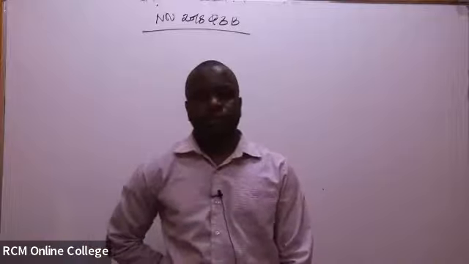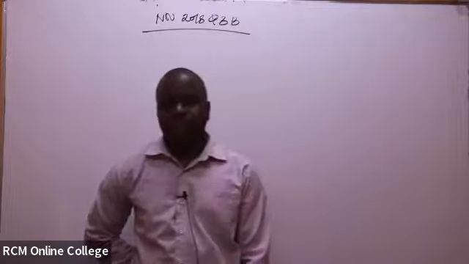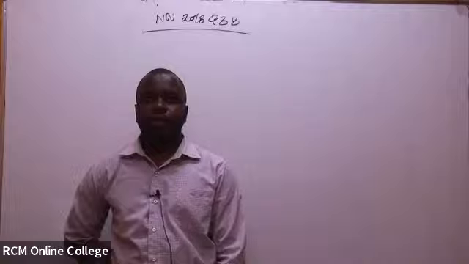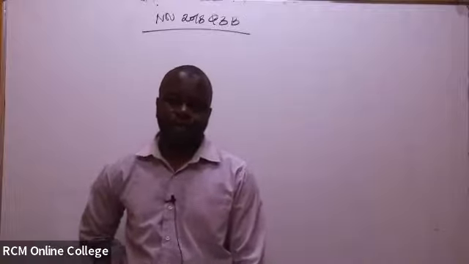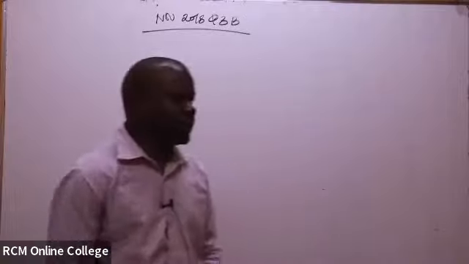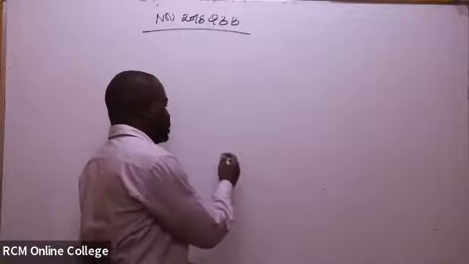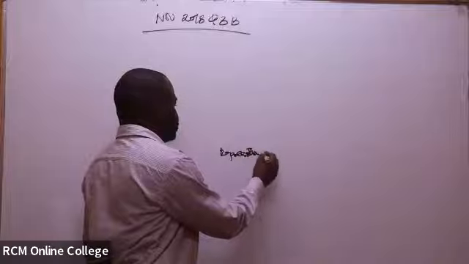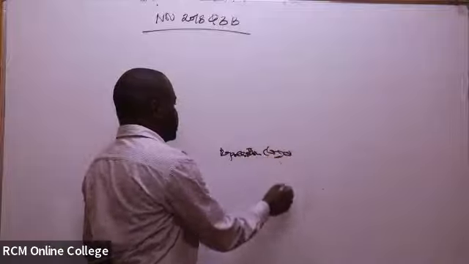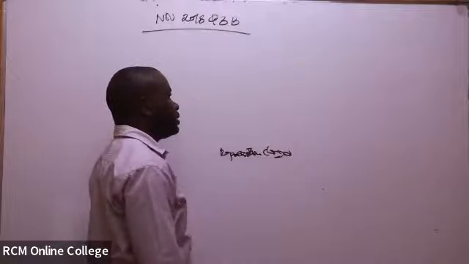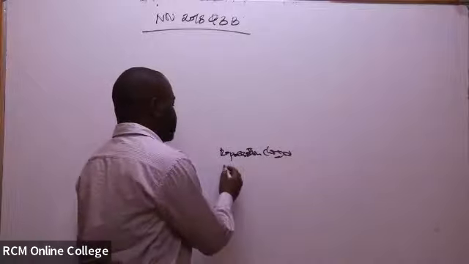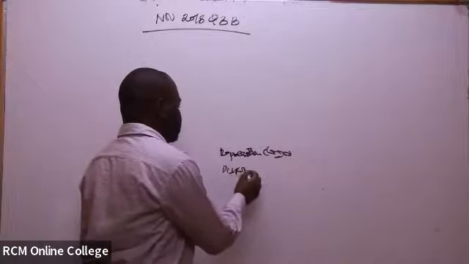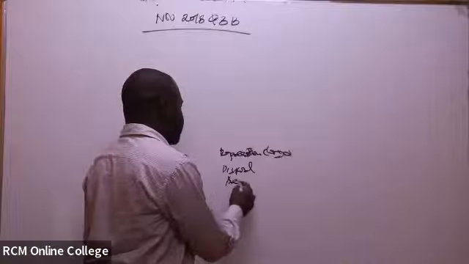So when you're talking about operating activities, we talk about depreciation that was charged during the year. Under investing activities, we talk about, for example, disposal of assets or acquisition of assets.